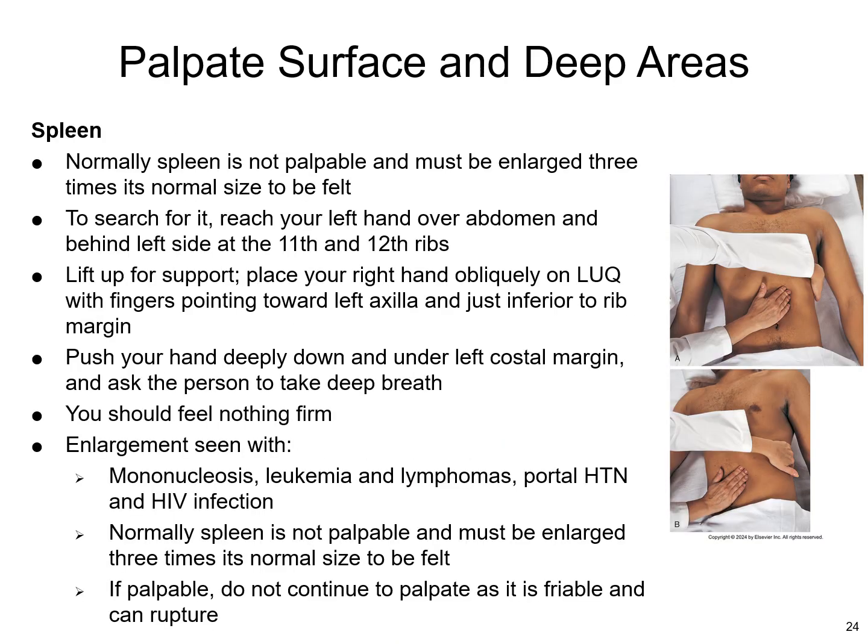The spleen, this can be palpated in the left upper quadrant. The only thing I want you to know about this is in order to palpate the spleen, it must be very enlarged. It needs to be enlarged at least 3 times its normal size before you could ever feel it.